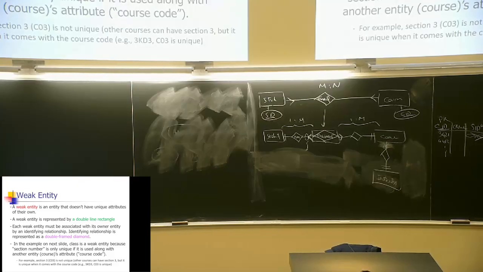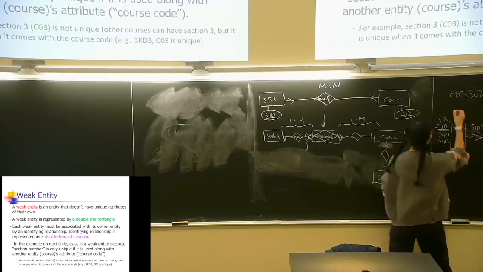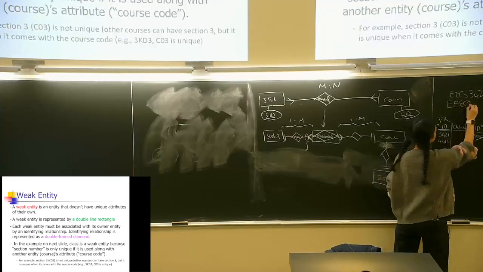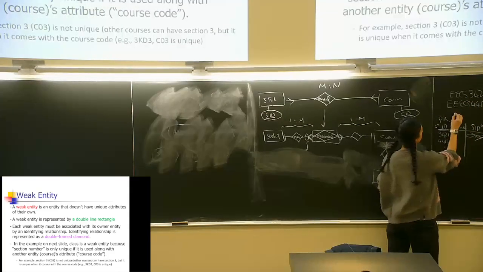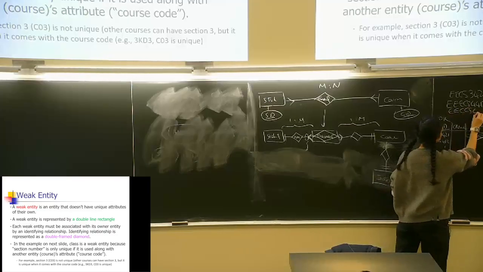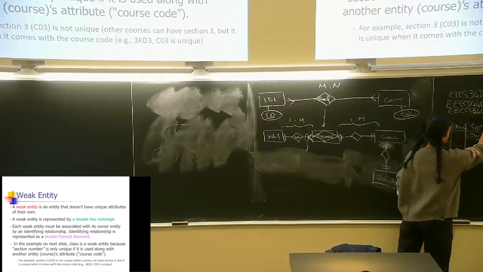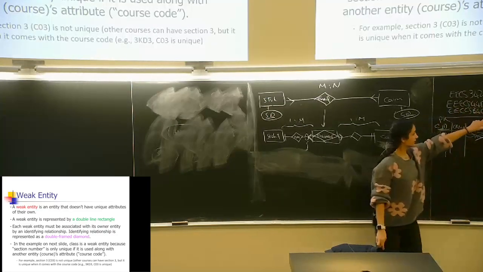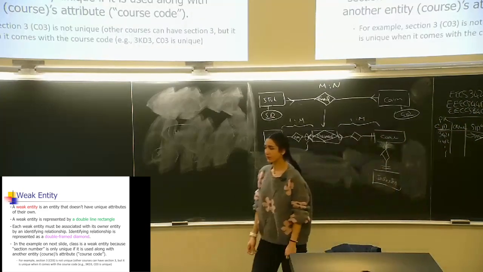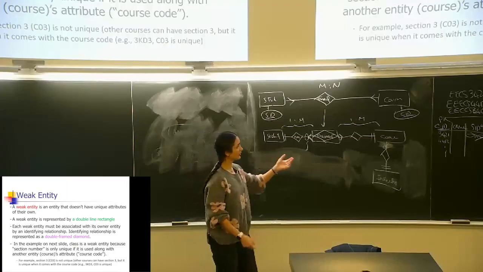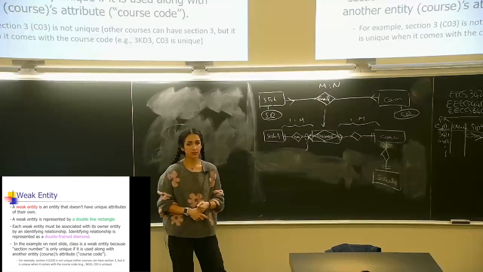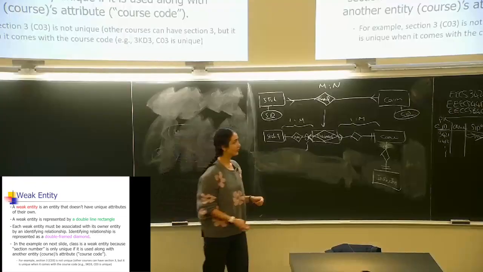Section M only makes sense if it is ECS 3421 section M, or ECS 4412 section M, or ECS 3401 section M. So different courses can have these sections, and one common way to represent course section is showing it as a weak entity.